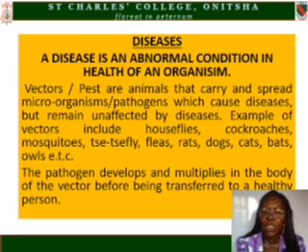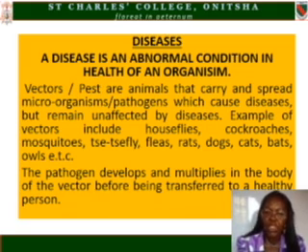They are the causative organisms of the diseases we are talking about. And they themselves are not affected by the disease. We have examples of vectors like houseflies, cockroaches, mosquito, tsetse fly, fleas, rats, dogs, cats, bats, etc.